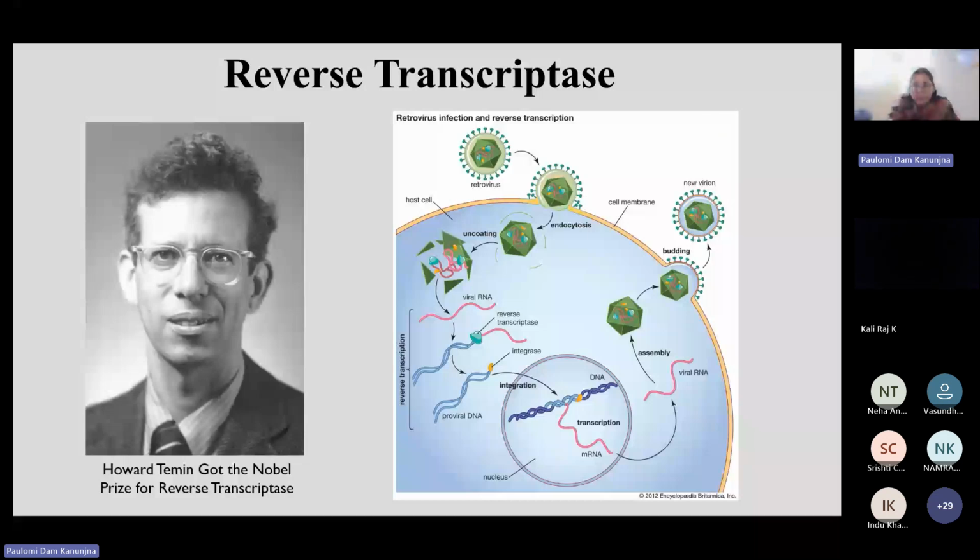And if you remember, he was basically working on a retrovirus, which is also called the Rous sarcoma virus. And he was the one who found out that these viruses use RNA material, and are otherwise responsible for propagation by converting to a DNA form.